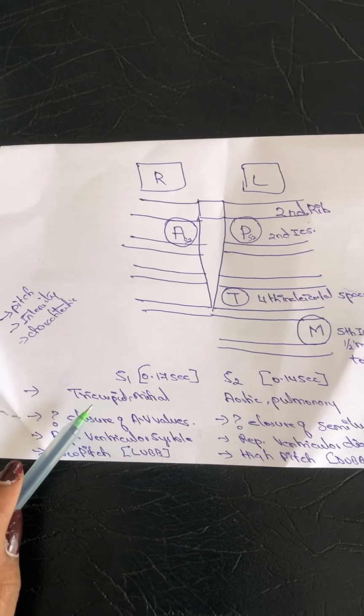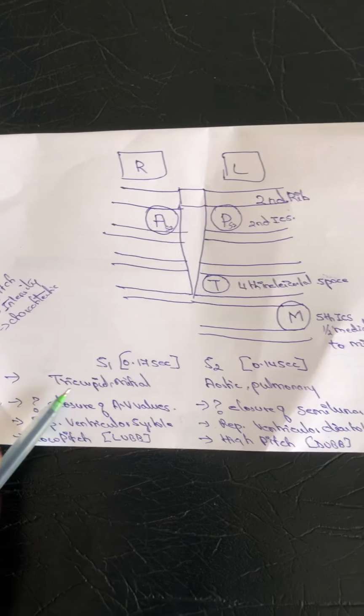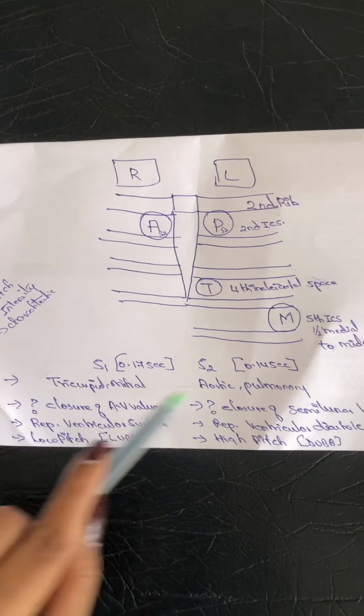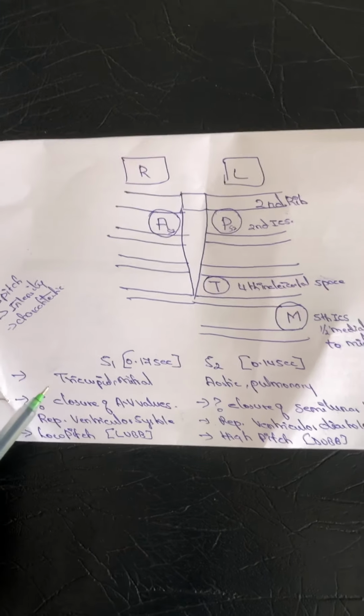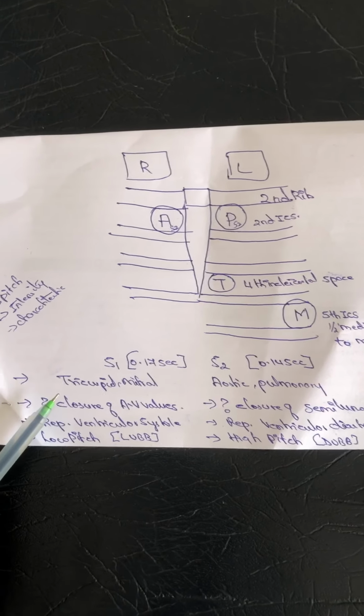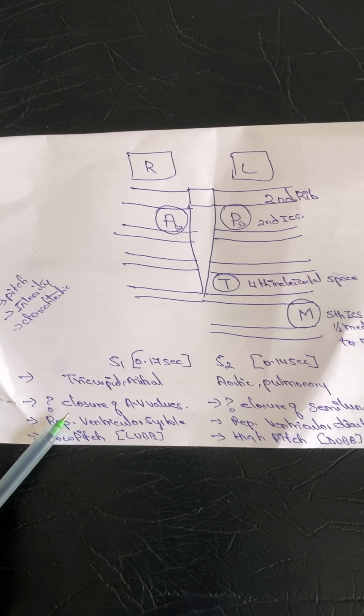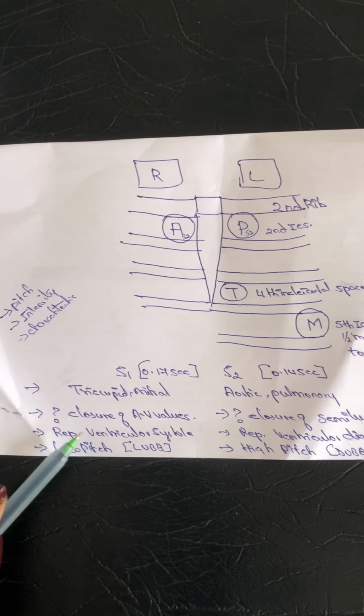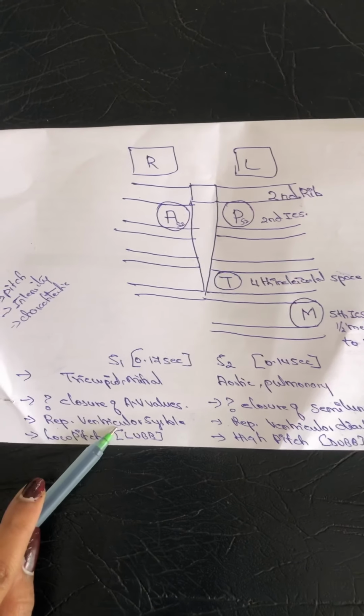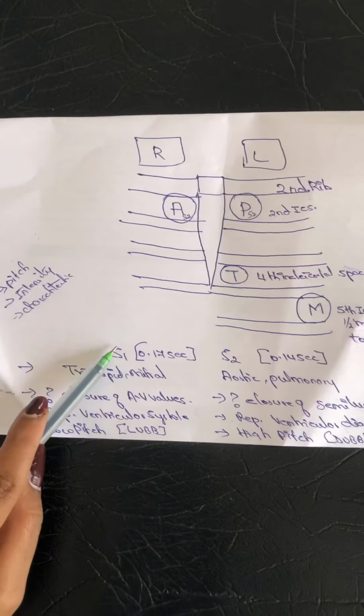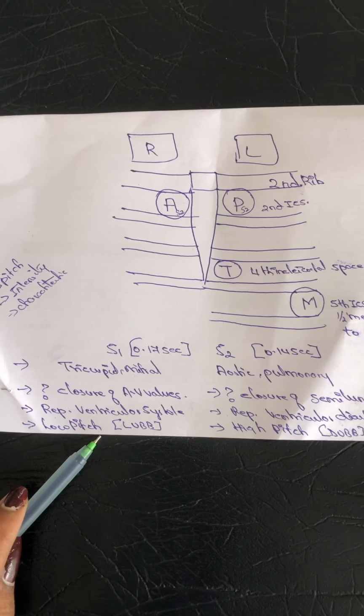Where is this S1 mostly heard? It is mostly heard in the tricuspid region or in the mitral region. What causes the sound of S1? It is caused due to the closure of AV valves. It represents ventricular systole. So the S1 is represented as lub sound.